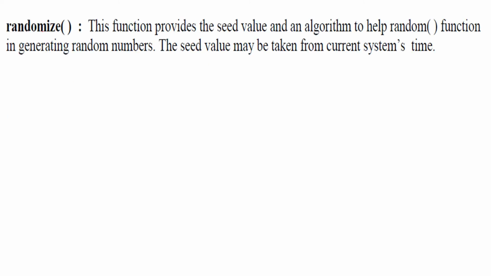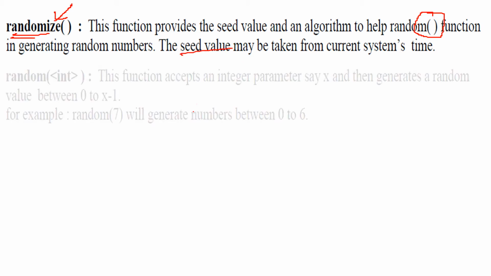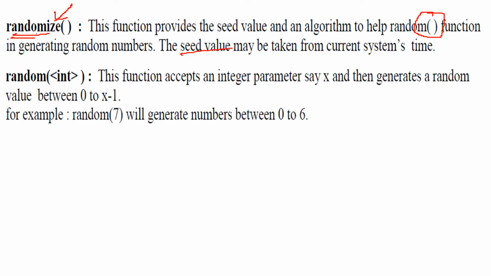So randomize, what does this function do? This function will give you a seed value, and also an algorithm in order to help the random function to generate the random numbers. This seed value can be taken from the current system time also. So this function is providing the seed value and also the algorithm to help the random function to generate random numbers.